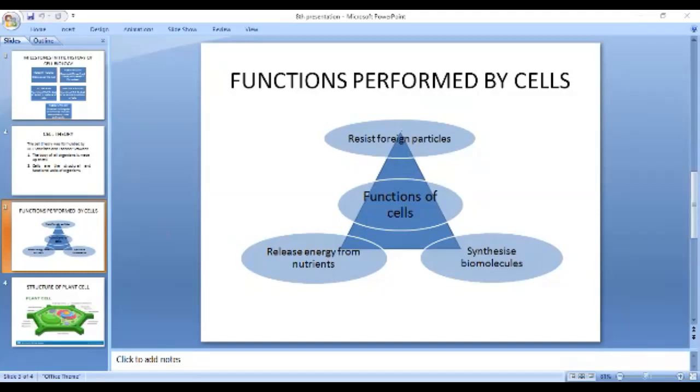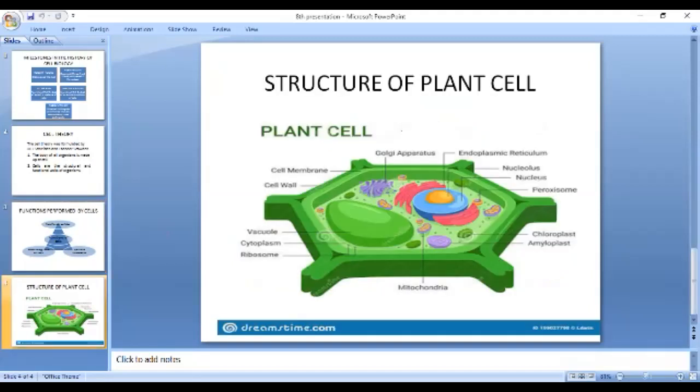Okay. So next step. Next we are going to study the structure of a plant cell. Up to this time, what we have studied: through a microscope, a simple microscope, Robert Hooke, the scientist who discovered cells, observed a section of cork.